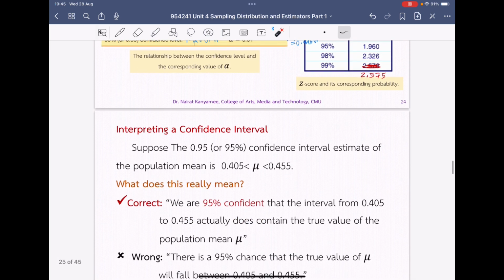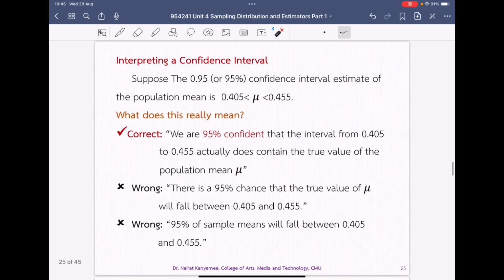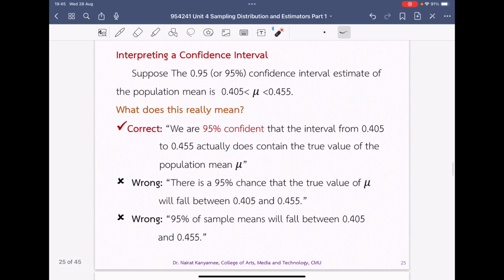Next, we need to interpret the confidence interval. What does it mean? Suppose we have a 95% confidence interval for the population mean. Suppose we know that the 95% confidence interval is from 0.405 to 0.455.